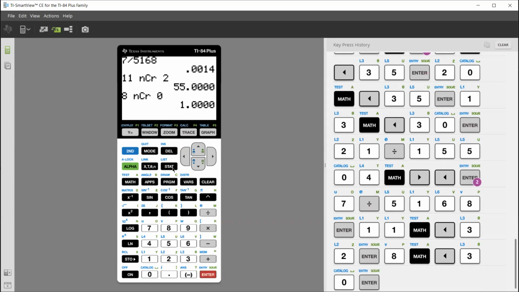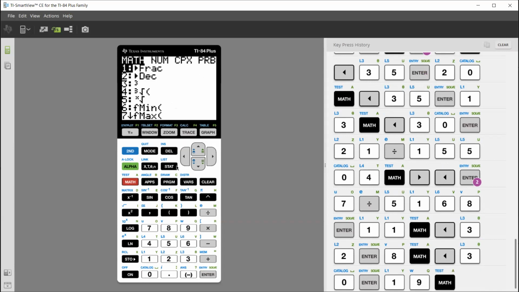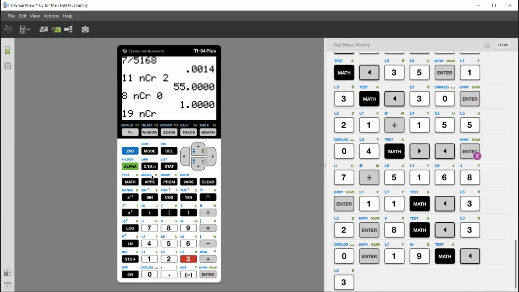Doesn't change it, it's 55. And then 19 choose 2 is 171.